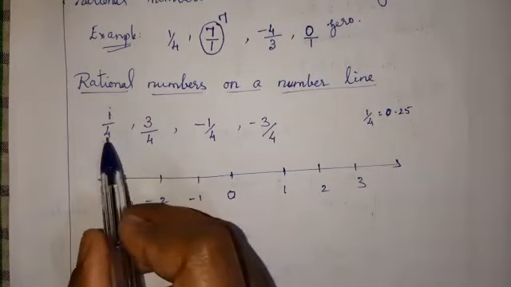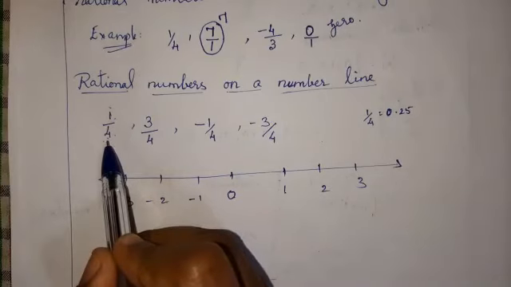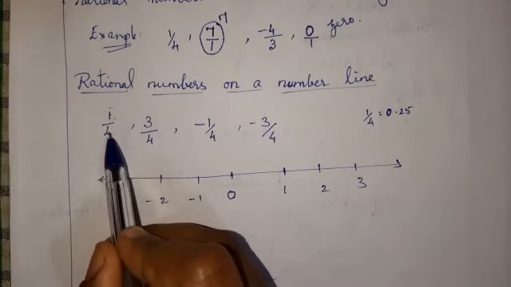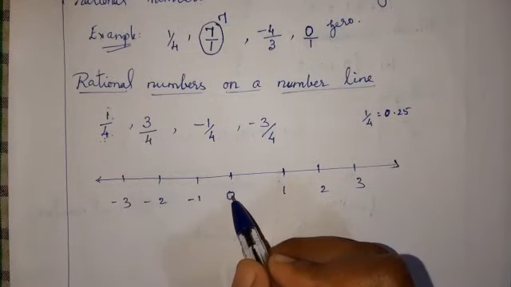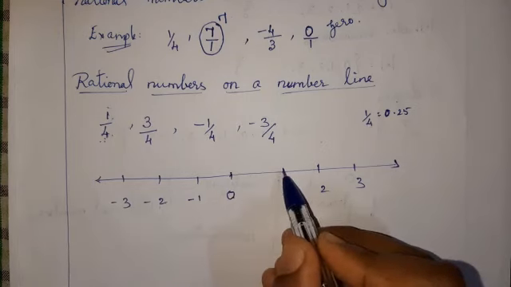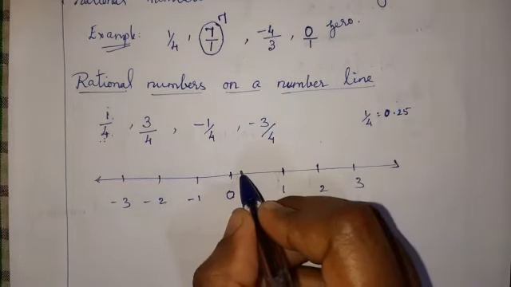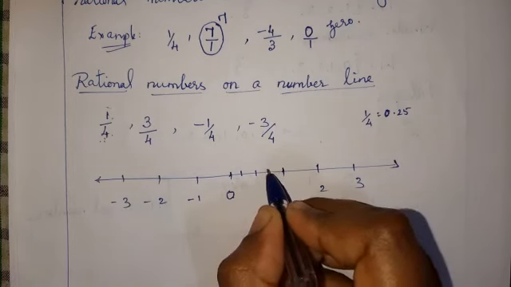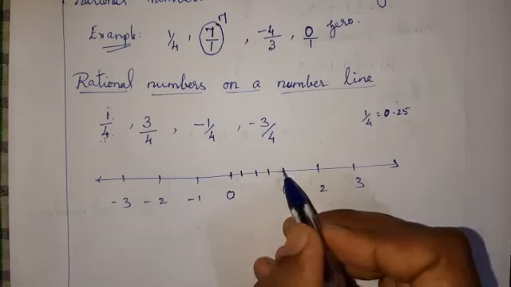See the number 1 by 4: in the numerator 1, in the denominator 4. Therefore divide the space between 0 and 1 into equal 4 parts. Draw 3 lines: 1, 2, 3, 4.